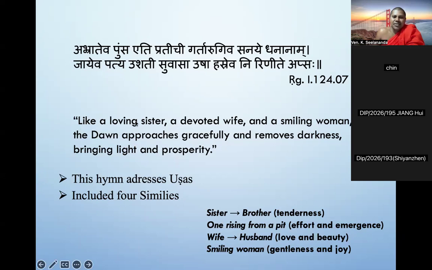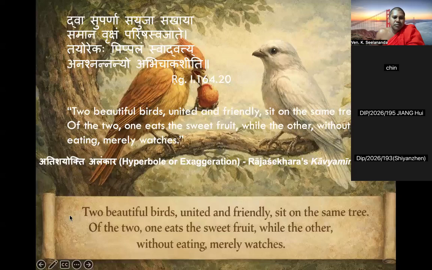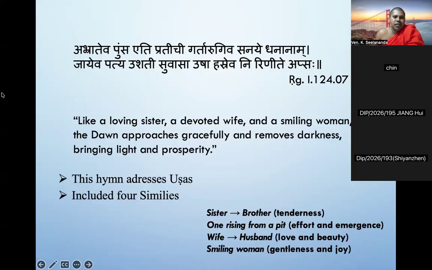This is a simile. Like a devoted wife. This is another simile, upama. And like a smiling woman, the dawn approaches gracefully and removes darkness. Dawn is the divine.